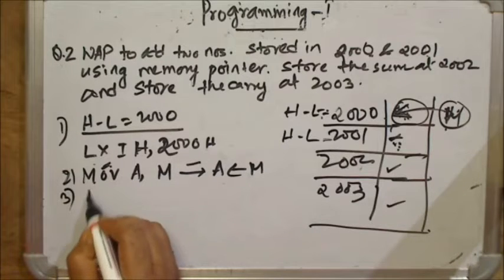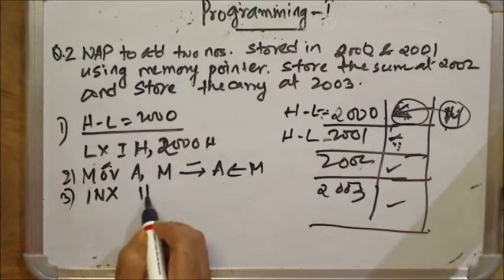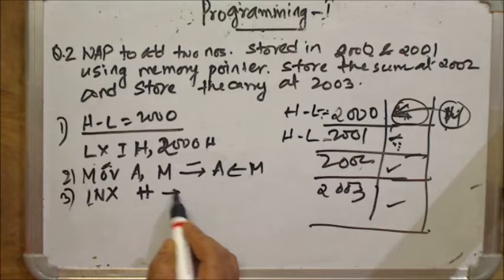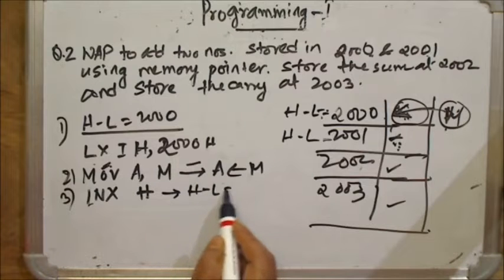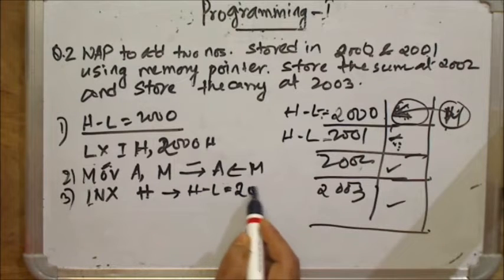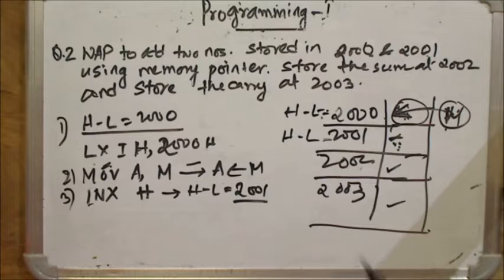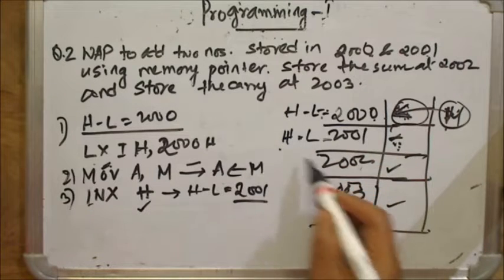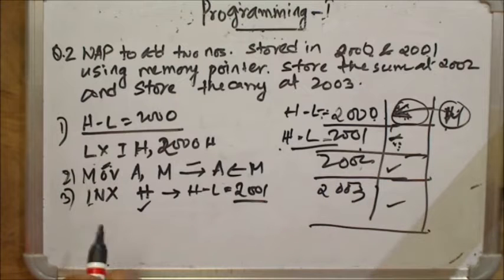You can write LXI H, 2001, but we will not, because we have a smaller byte instruction, INX H. If I write INX H, what will happen? The HL pair will be incremented to 2001. The HL pair was 2000. Now after writing INX H, the HL pair has become 2001.